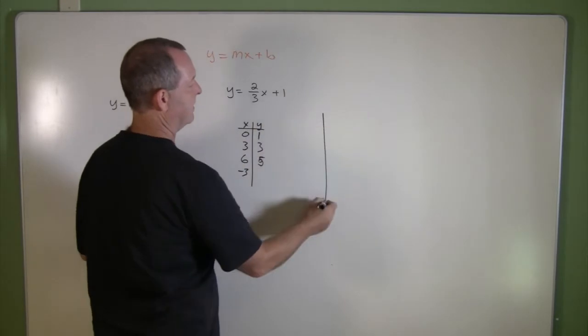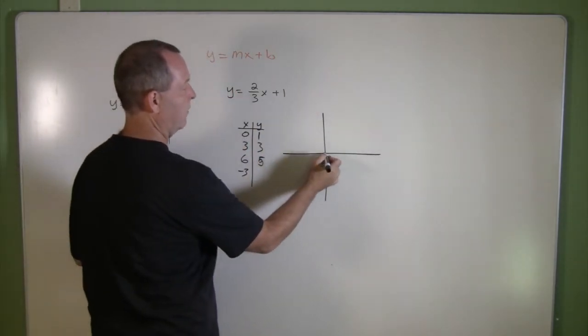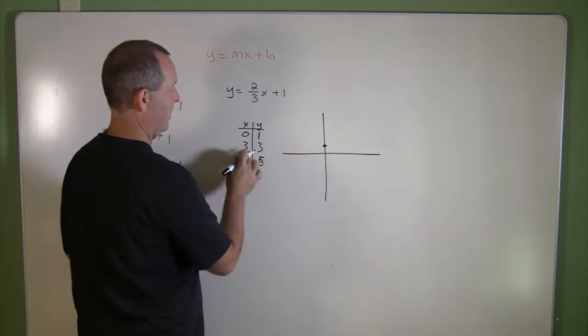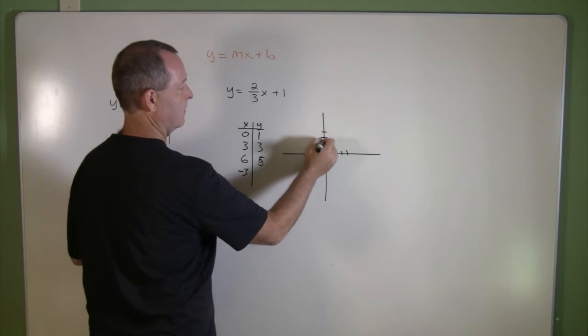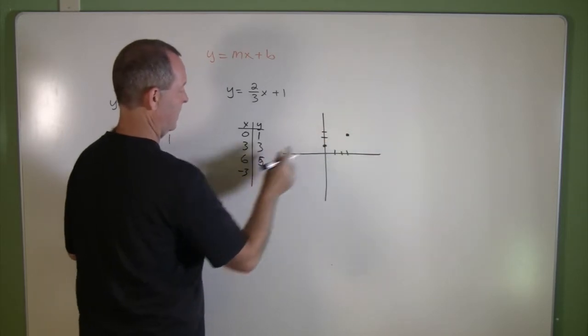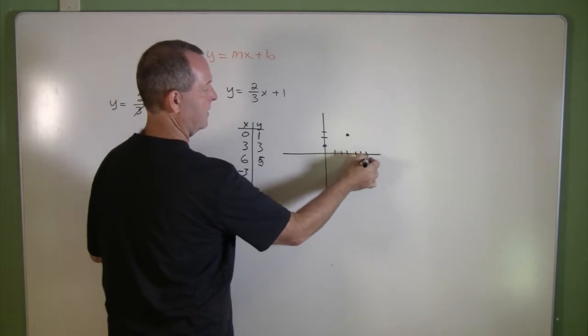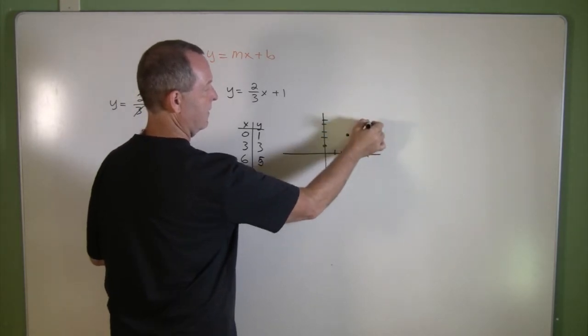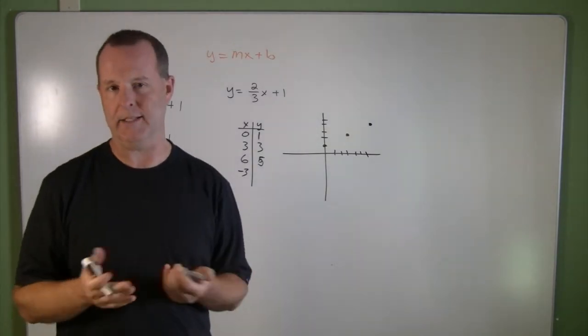And then from that, I can graph these points: the point 0, 1, over 0, up 1; over 3, up 3; over 6, up 5. And now I'm starting to get a sense of a line starting to form.